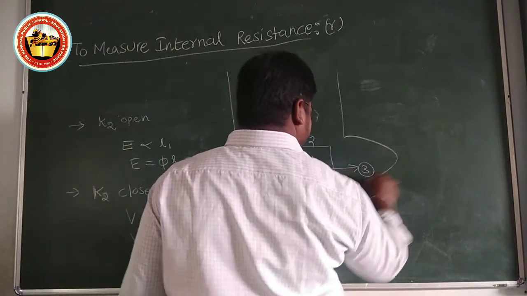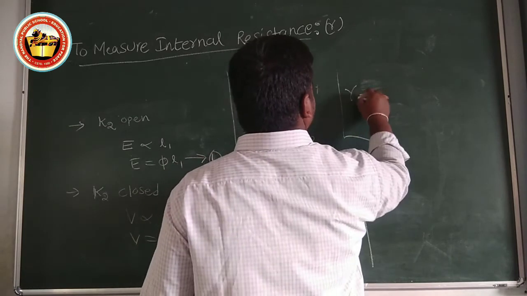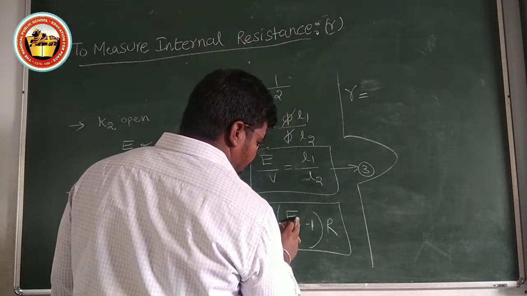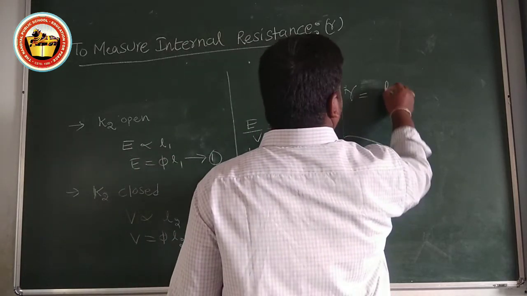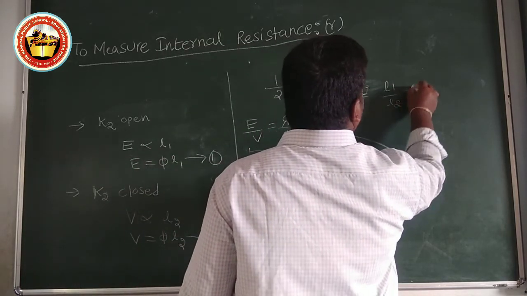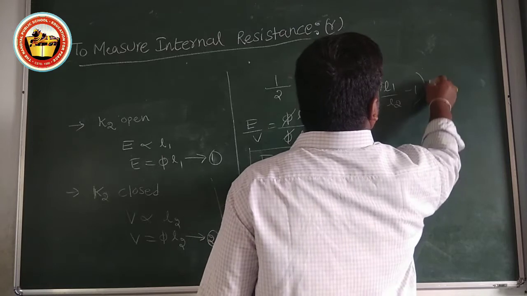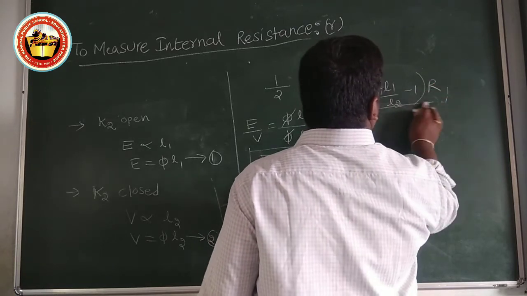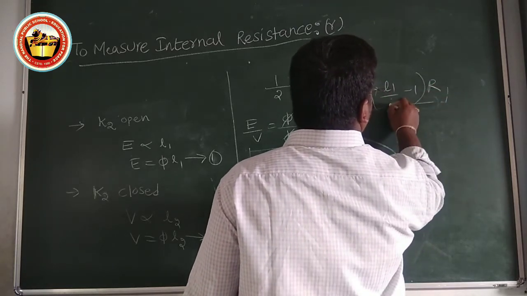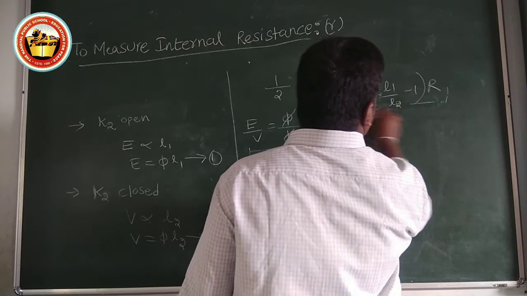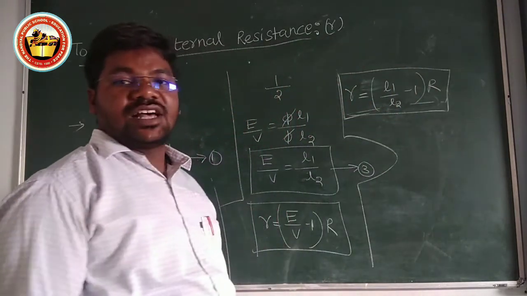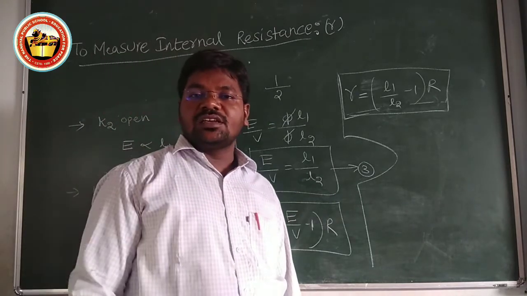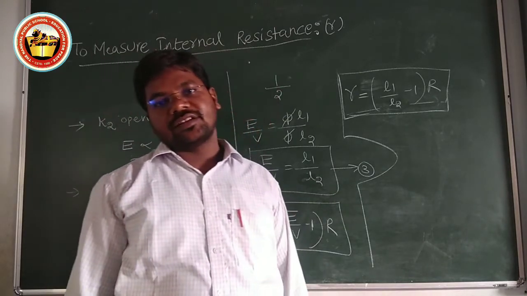Internal resistance small r is equal to, instead of E by V, L1 by L2 minus 1 into R. By using this formula we find the internal resistance of the cell using a potentiometer.